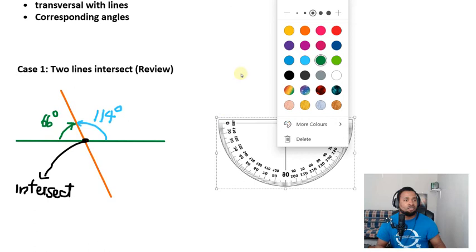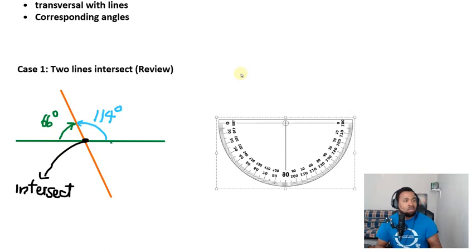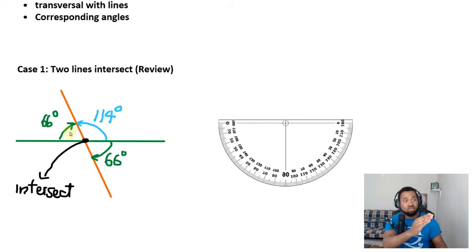Therefore, we have this angle here measured to be 66 degrees, which is the space directly facing opposite to the other angle, and they are the same.